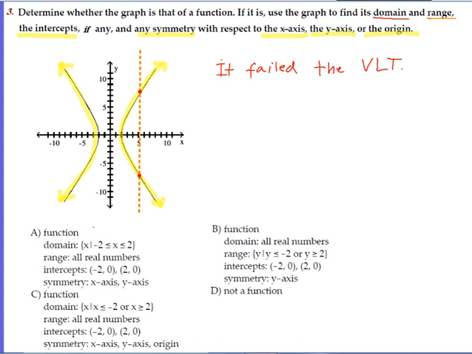Failing the vertical line test has two conclusions. Number one, the given graph is not a function. And therefore, it is also not one-to-one.